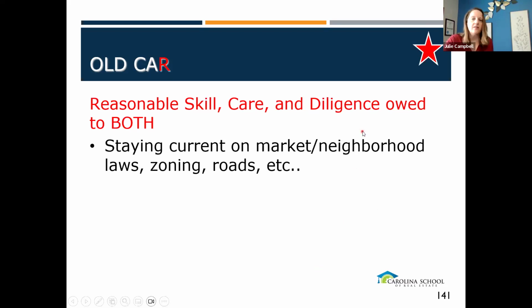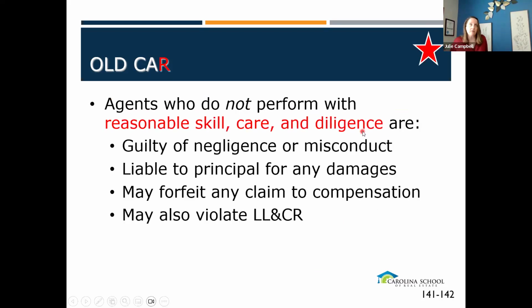Gee, Julie, what's the big deal? Well, failure to stay within the speed limit means you could be found guilty of negligence or misconduct. Those that don't practice reasonable skill, care, and diligence may be harming the public. And remember what our number one purpose is: to protect them.